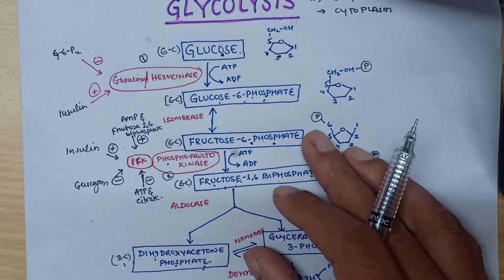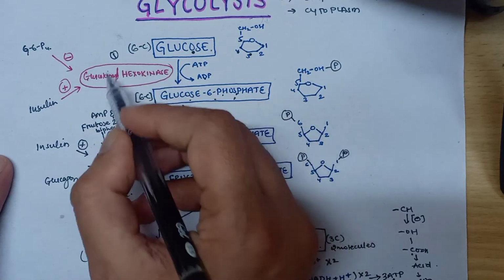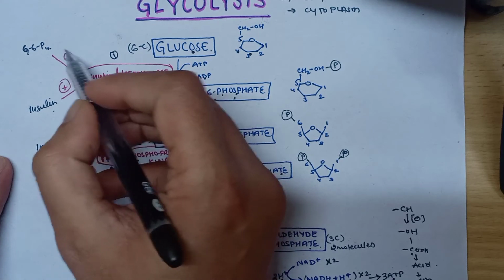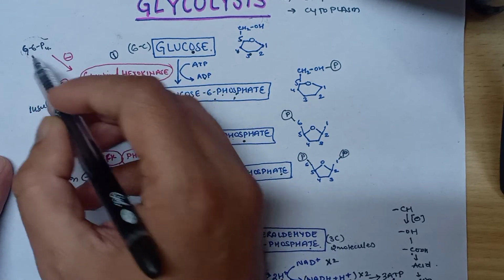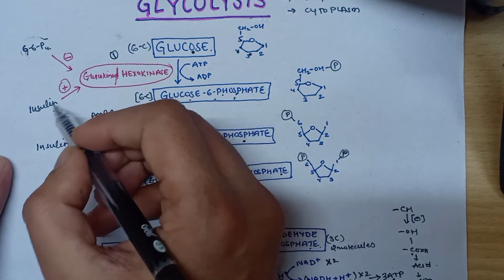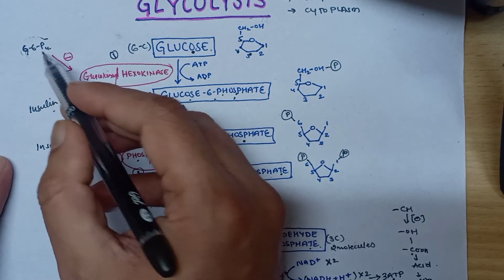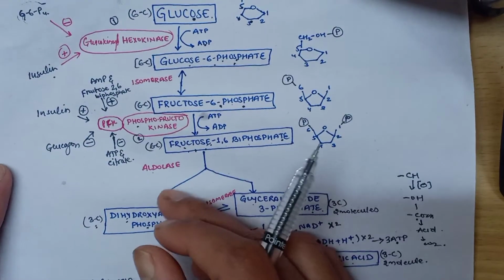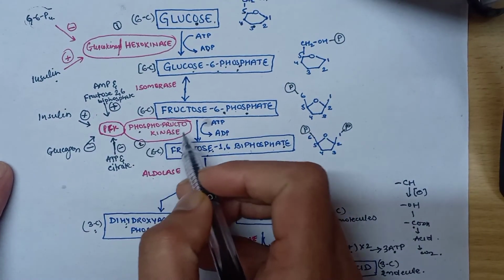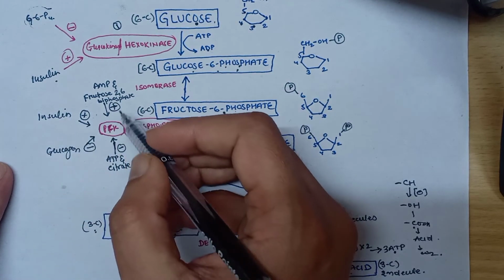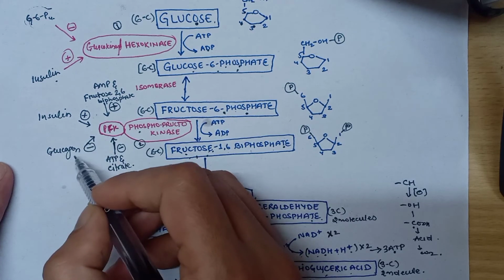And coming to the regulation, hexokinase is stimulated by insulin and inhibited by glucose 6-phosphate. Glucokinase or hexokinase is stimulated by insulin and inhibited by glucose 6-phosphate. Whereas phosphofructokinase is stimulated by insulin and inhibited by glucagon.